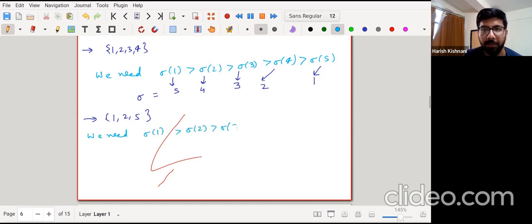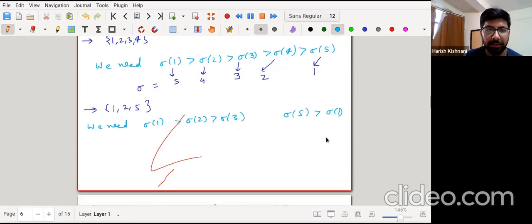This will make 1 and 2 cyclic descents. And then we need sigma of 5 to be greater than sigma of 1 to include 5 in the set of cyclic descents. So this implies that sigma of 5 has to be greater than sigma of 1, which has to be greater than sigma of 2, and then greater than sigma of 3.